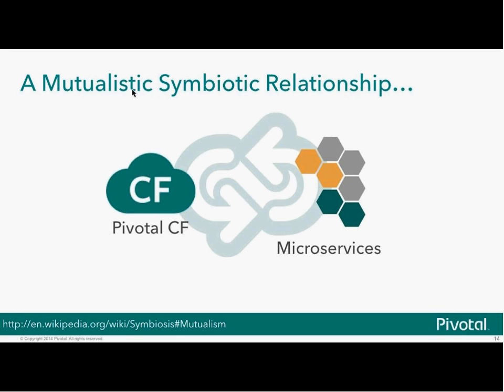But as we'll talk about, when you adopt this architecture, along with all of the good things that you get, there are several major problems that you're going to confront and have to find solutions to. And again, a platform like Cloud Foundry is very much geared towards solving exactly that set of problems. So there's a symbiotic relationship between Cloud Foundry and the microservices architecture, such that both actually benefit from being used together.